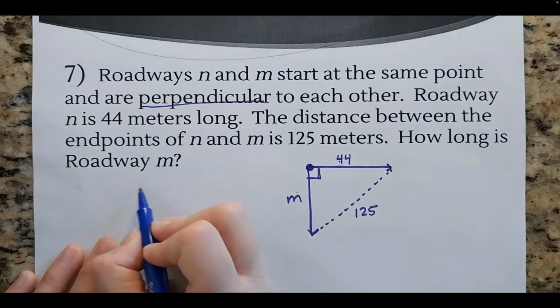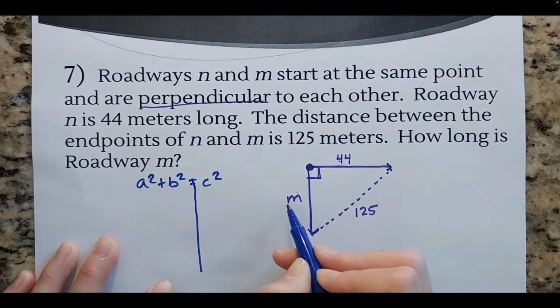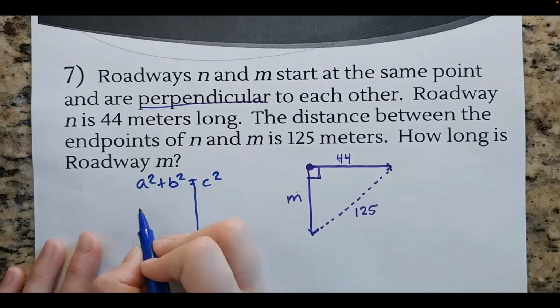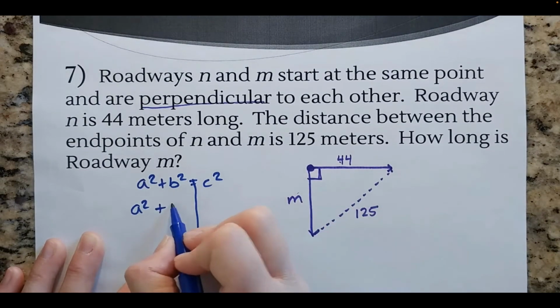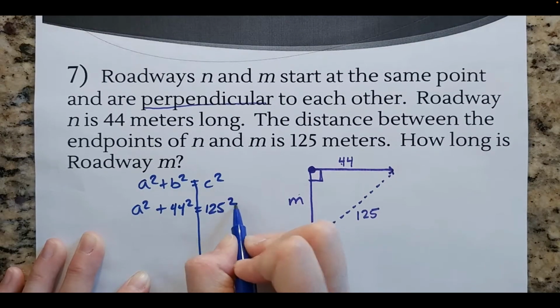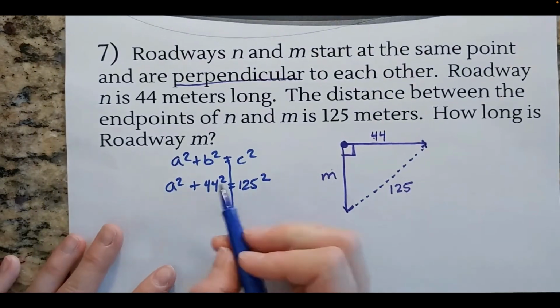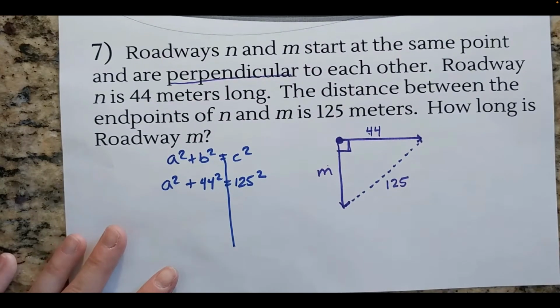So let's set this up. A and B. We'll just call the M this road A. B is 44. And C. Now I know that once I start typing these into the calculator, they're going to be really big numbers.